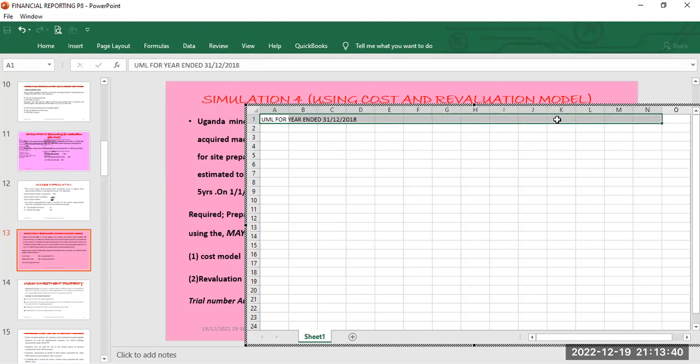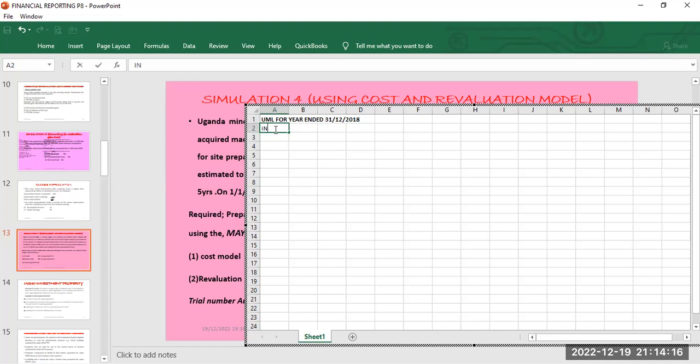Maybe try to highlight a bit. If you look at the information we have, what you have to understand is that they are telling us we are going to be using the cost model, but they have not given us the cost of the asset. So we need to first of all determine the initial cost, what they actually paid to acquire that asset.